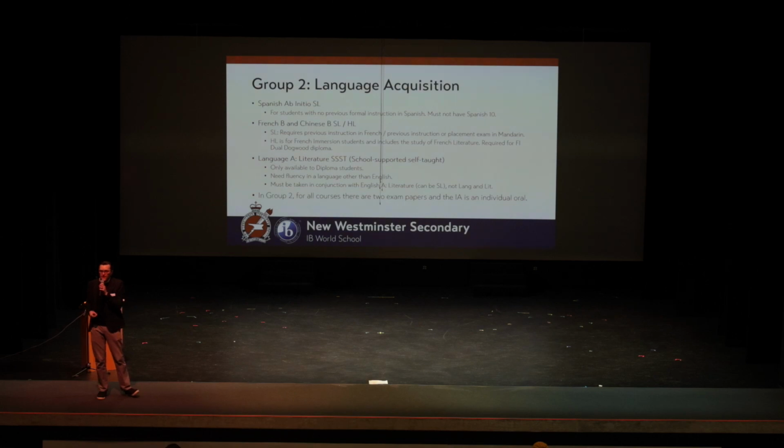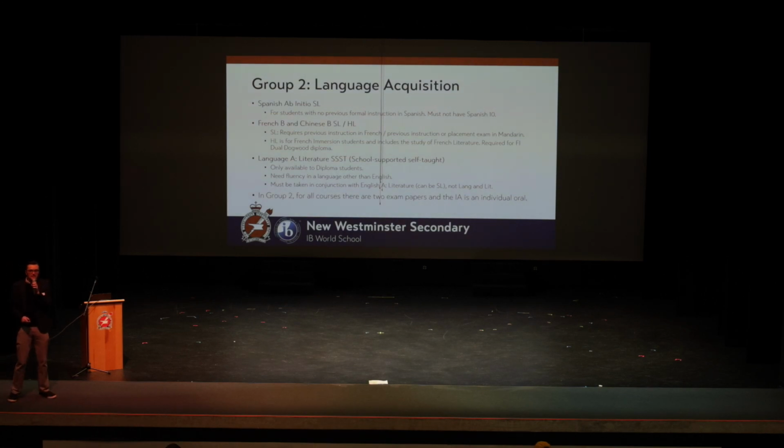Those require some level of proficiency with that language. So for French, you would have had to take French 9 and 10 before you can take IB French. With Chinese, we're going to have an entrance exam to make sure that your level of proficiency in Mandarin is suitable for the Chinese SL class.